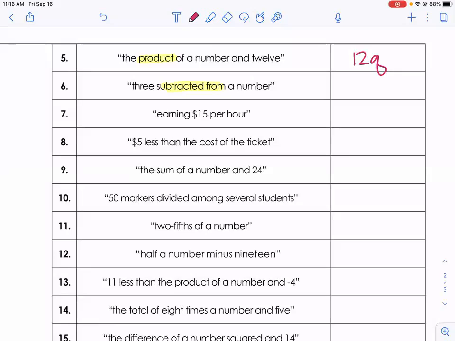Okay, subtracted from means 3 is being subtracted from the number. And this time, with subtraction, the order does matter. 5 minus 2 is not the same thing as 2 minus 5. Okay.